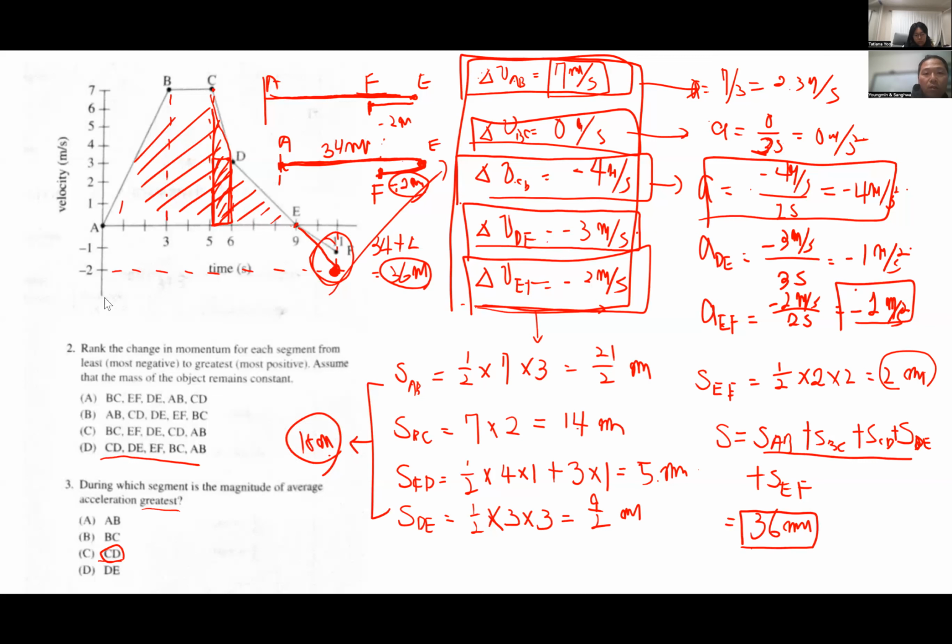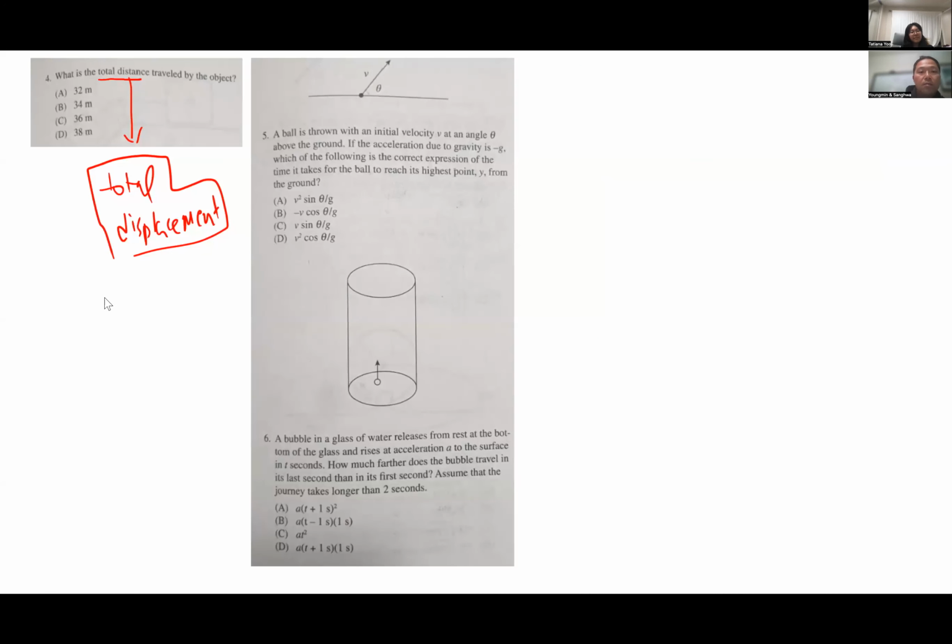So 34 -2, which is 32 meter. That is total displacement. You see the difference between distance and the displacement? So one more time, displacement is vector and distance is scalar. The magnitude of the displacement is distance. Okay? All right. Let's move on.